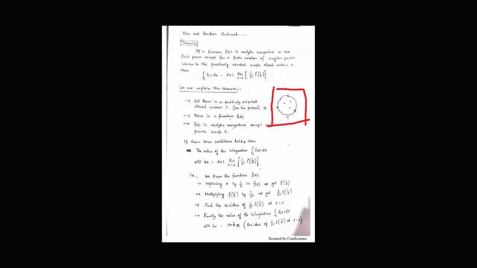Now they said that f(z) is analytic everywhere except some points inside C. That is, f(z) has some singular points, some finite number of singular points, inside this closed curve.